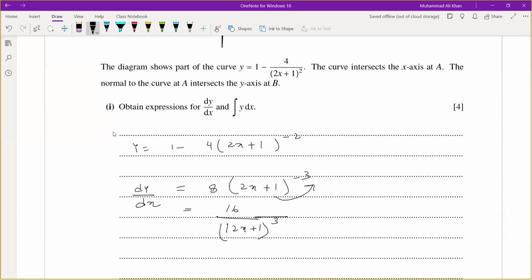I think the derivative is clear, and after that we have to integrate this.